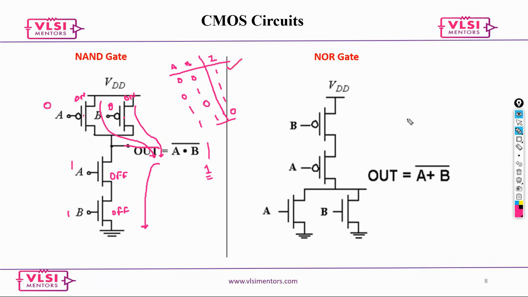Now coming to the second one. What is the second one? A is 0 and B is 1. Sorry, my bad.